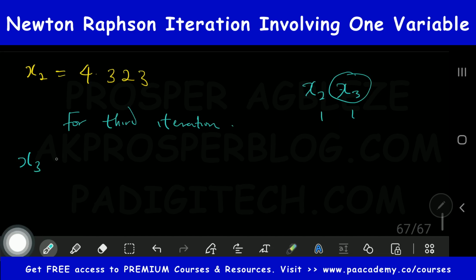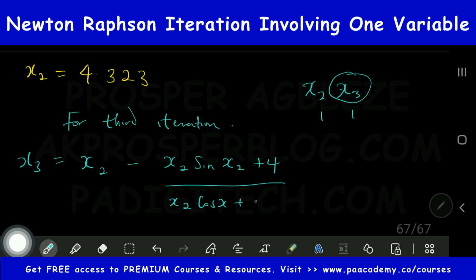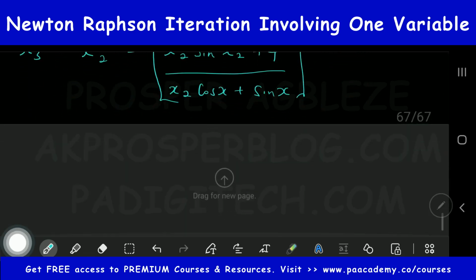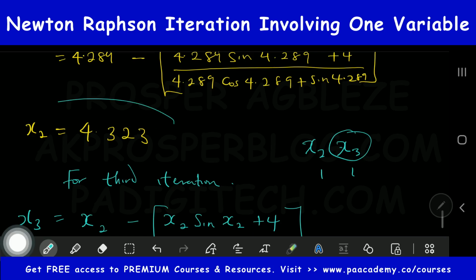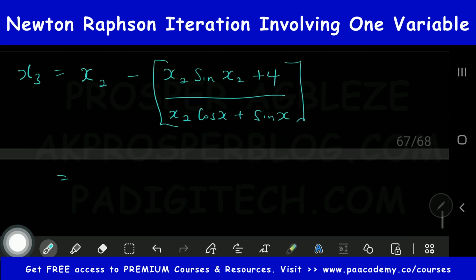So x3 is equal to x2 minus x2 sine x2 plus 4, over x2 cos x2 plus sine x2. If you put in the values, we already have our x2, which is the value we are going to make use of in calculating our x3.